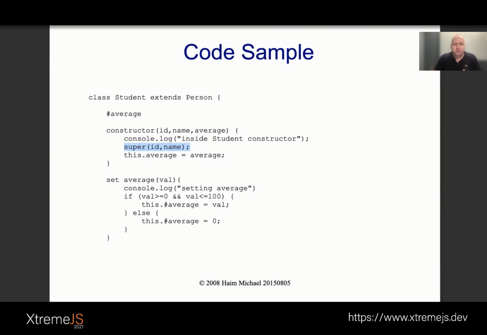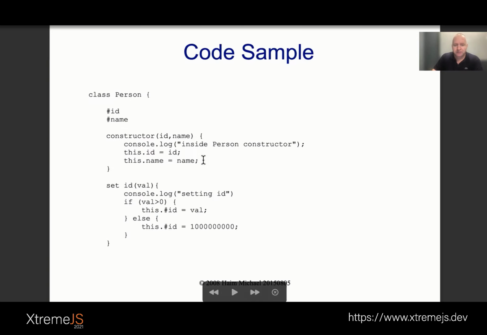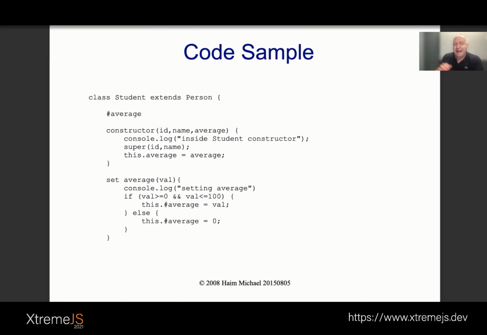The separation between the constructor of student, which takes care of assigning average, and the constructor that was defined in person, which now takes care of assigning ID and name, not only fits the SRP design principle I'm about to talk about shortly, it also puts us in a very safe place.